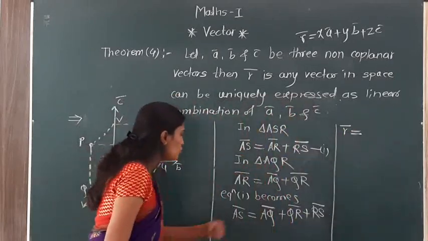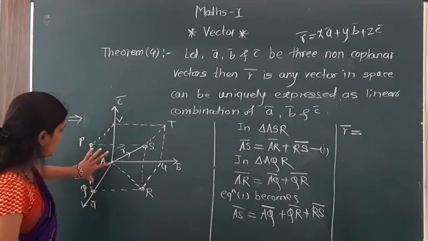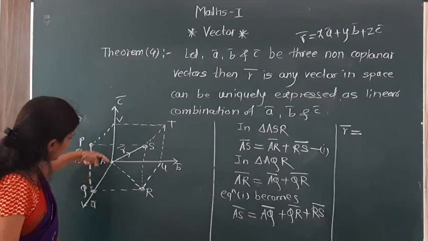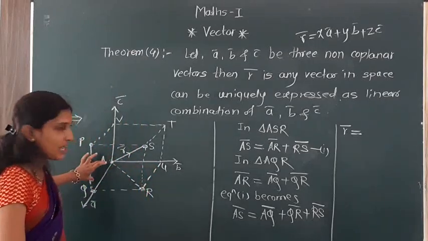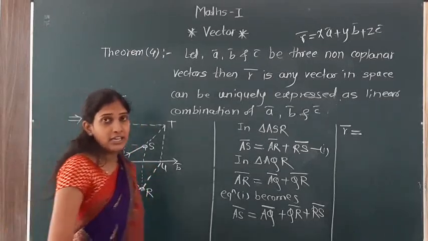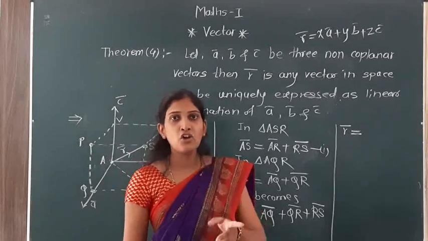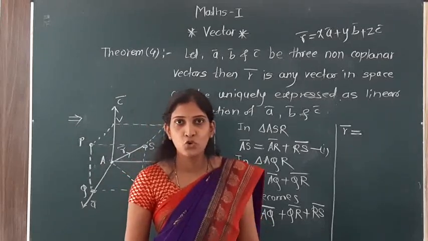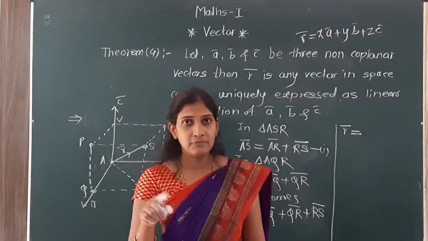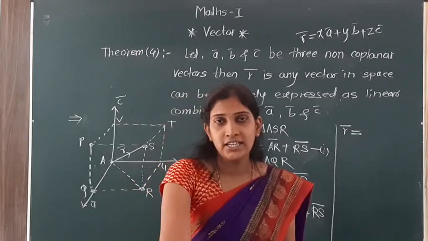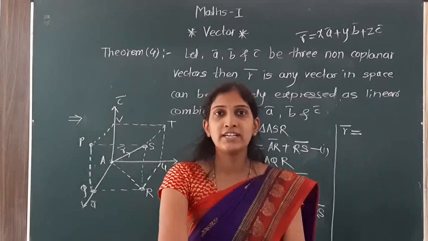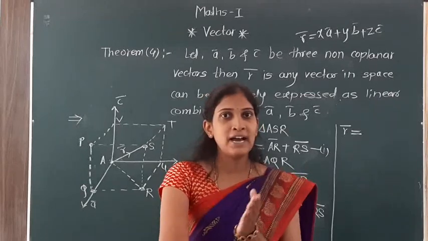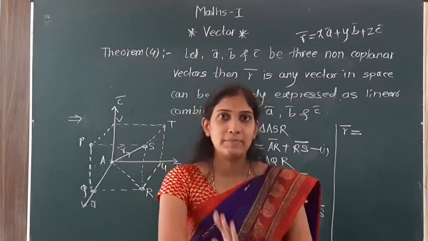Now, what is AQ bar? This AQ bar is along a bar. If two vectors are along each other, then they are collinear. By the definition of collinearity, if a bar and b bar are collinear, then a bar is equal to a scalar times b bar.